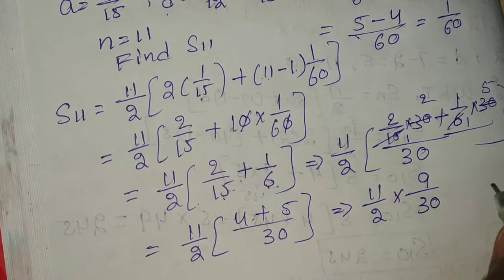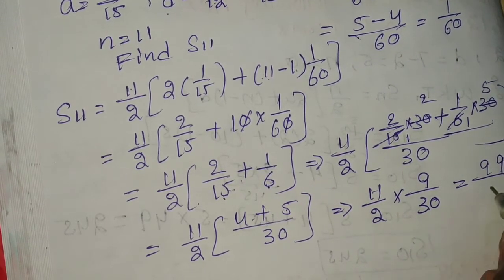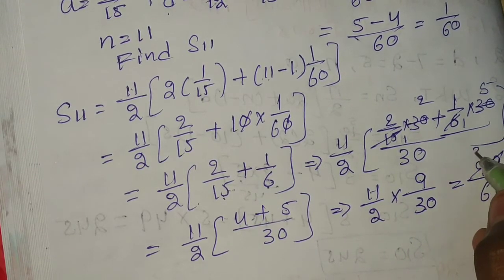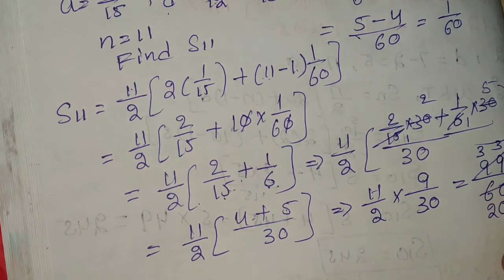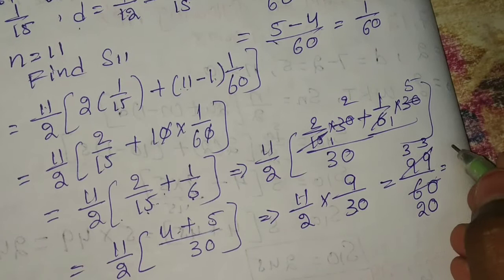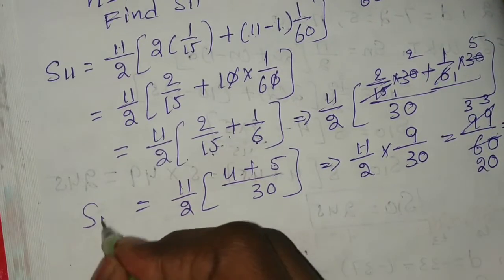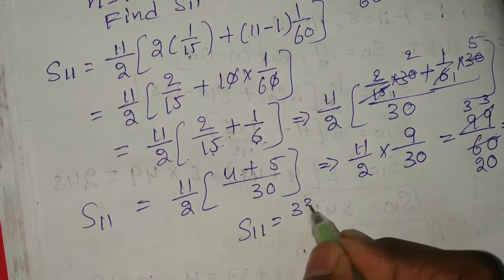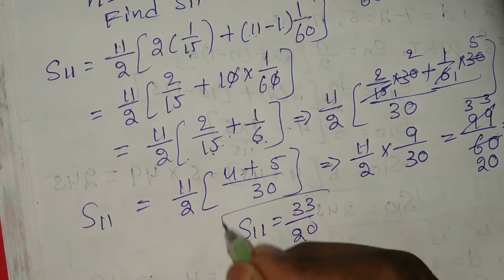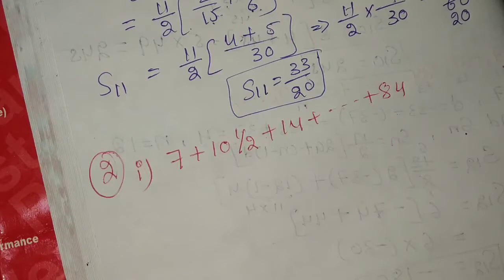Are you getting? So what we get? 9 elevens are 99 divided by 2 thirties are 60. You can cancel here. 3 threes are 9. We get 33. 3 twos are 6 and 0 as it is. So our result is 33 divided by 20. This is the sum of 11 terms. So S11 is equal to 33 by 20. This is our answer.